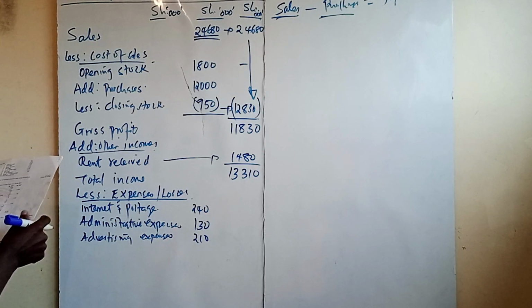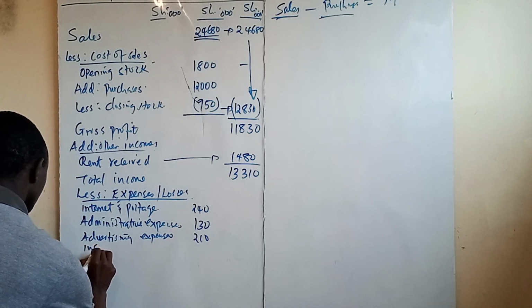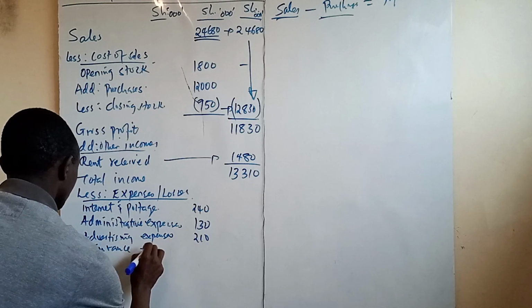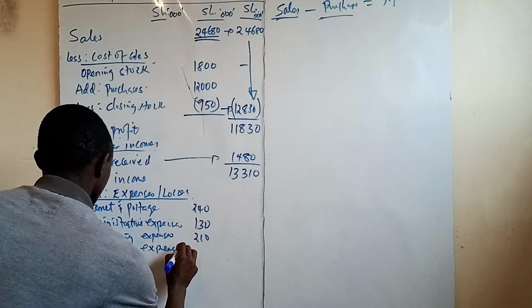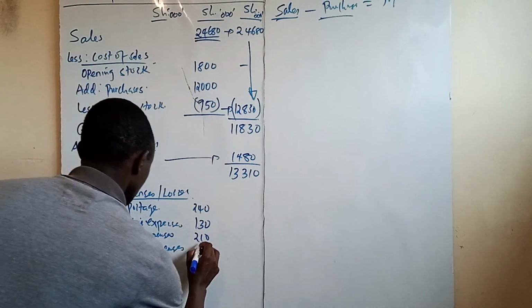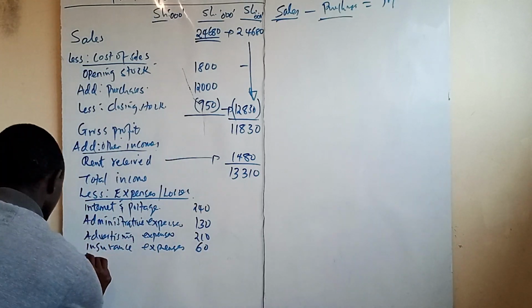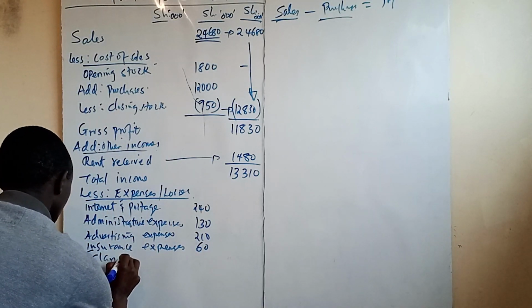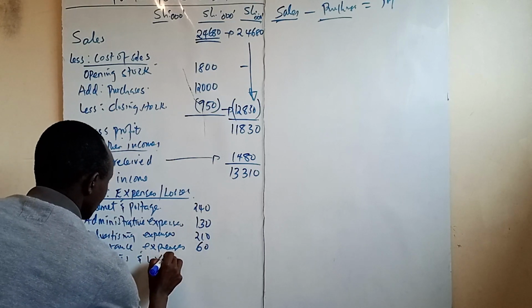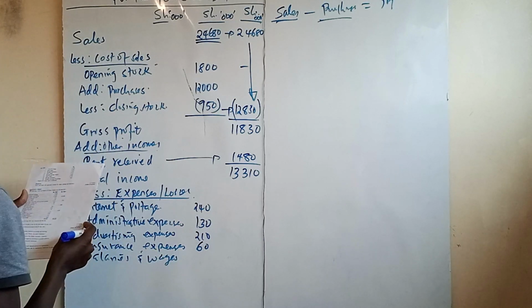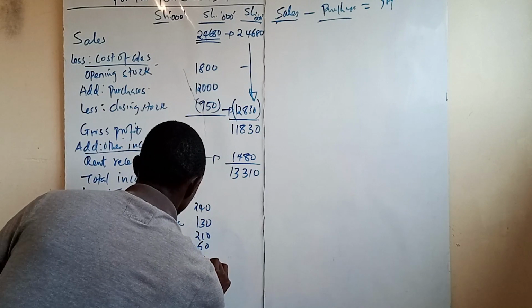And then we have insurance expenses of 60,000. Then we have salaries and wages of 620.